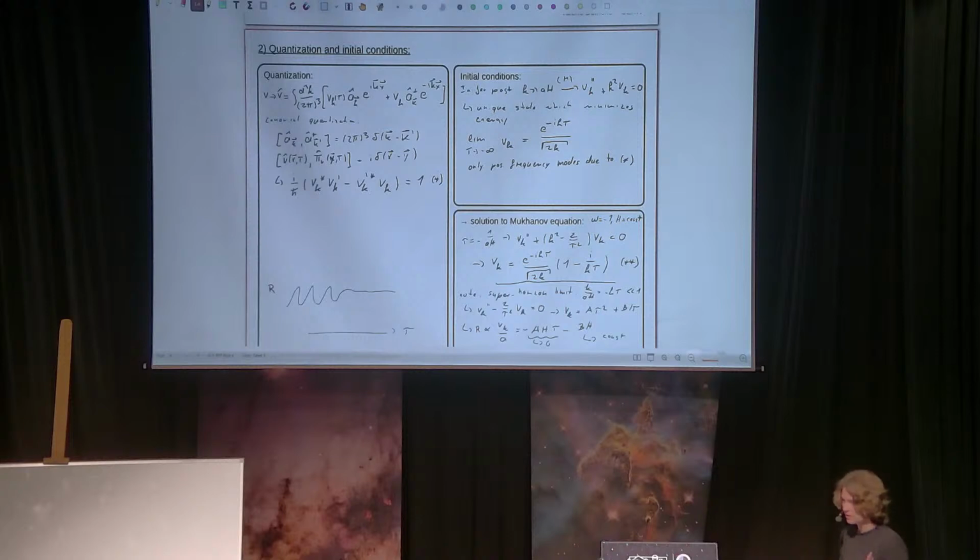Finding tensor modes is also compatible with inflation. There are some things, though. For example, the amplitude of the tensor modes is directly related to the scale of inflation. As long as we don't measure tensor modes, we have an upper bound on basically the energy of inflation, whereas if we do measure the tensor modes, then we would have a prediction for the scale of inflation.